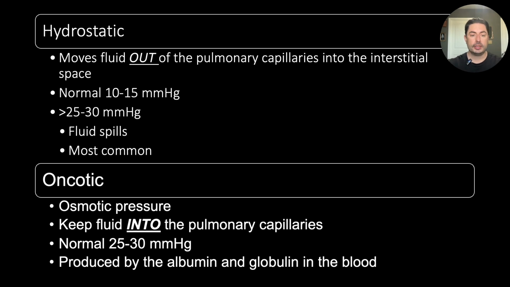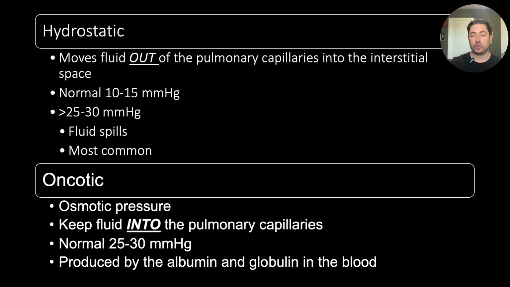When we look at these two forces, one is trying to push the fluid out. The hydrostatic is trying to push the fluid out of the pulmonary capillaries and into the interstitial space. The normal value for hydrostatic pressure is 10 to 15 millimeters of mercury.